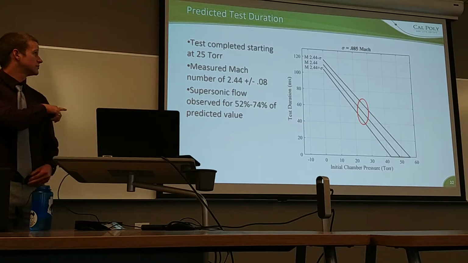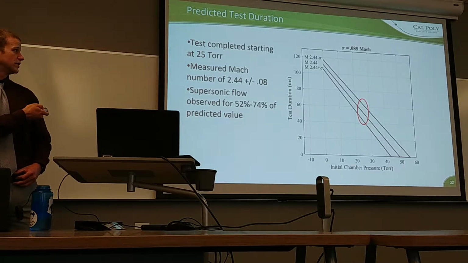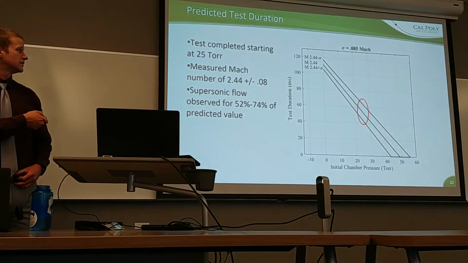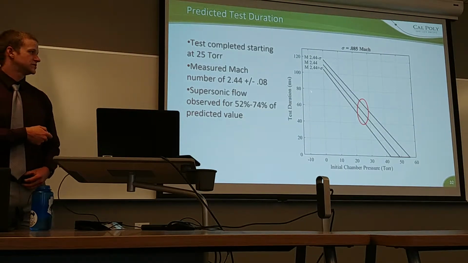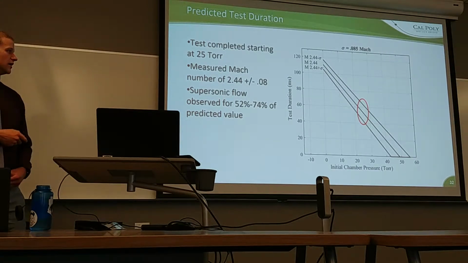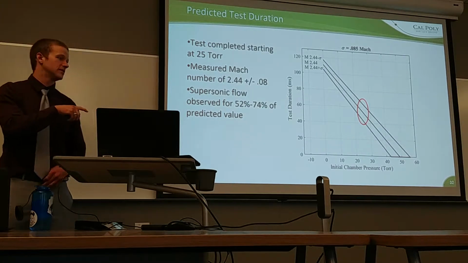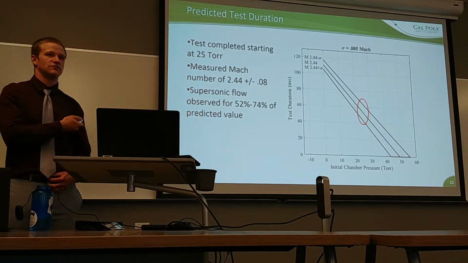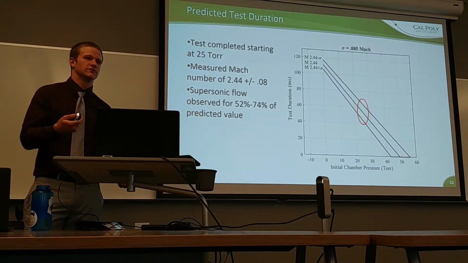Using the Mach number that was measured, with a line above and below, which is plus or minus 1 standard deviation of the calculated Mach number, I calculated the test duration against the initial chamber pressure. For an initial chamber pressure of 25 torr, the measured test duration is between 52 and 74% of what was calculated.